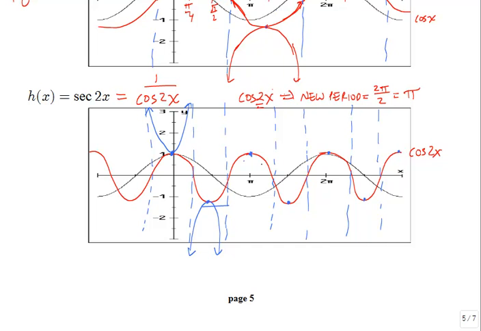All of these are positive, so this U is going to be going up in the positive direction. All of these are negative, so this U is going to be shooting down. All of these are positive, so I go up, down, and so on. So you alternate back and forth. And there would be my new graph.